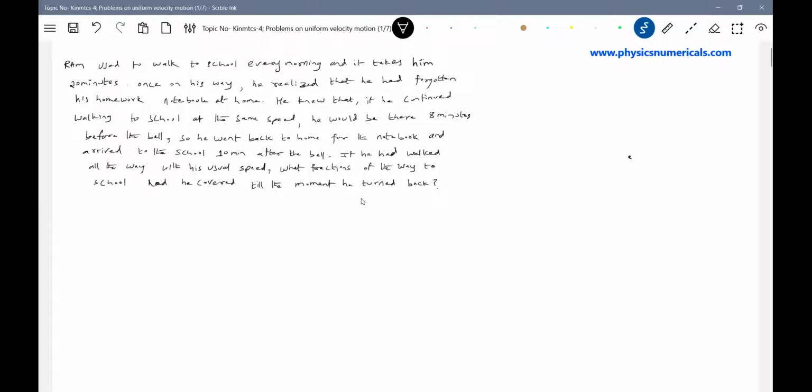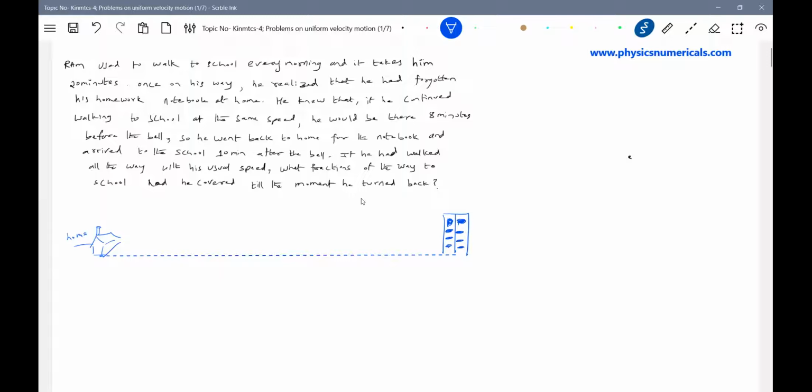Okay, if a condition is given like this, we'll do one thing. Let's take a situation: this is home, and this is school, just a school building, with windows here.